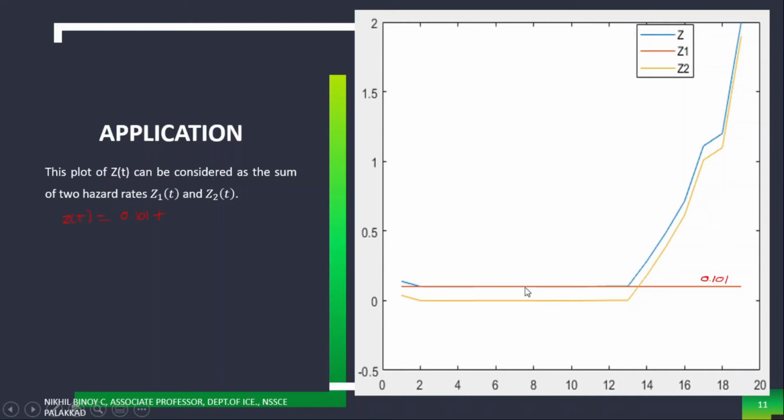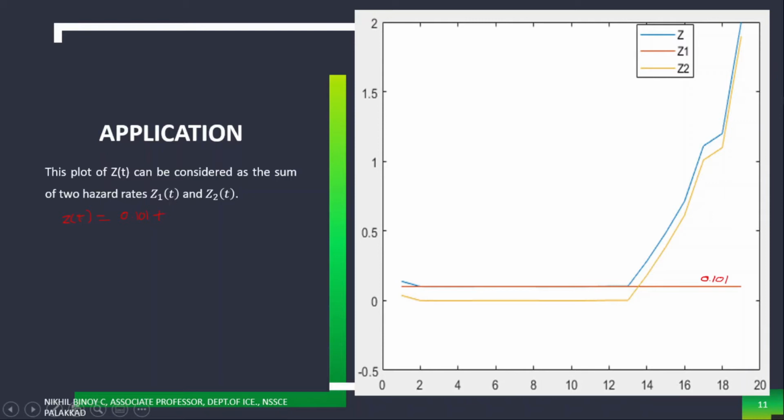You can see that the difference between the blue color and this orange color is 0.101. Always this difference is 0.101. Here the gap looks small because the rate is suddenly increasing. But if you take the difference at a particular time, the difference will be 0.101.